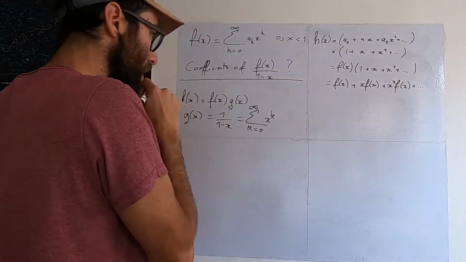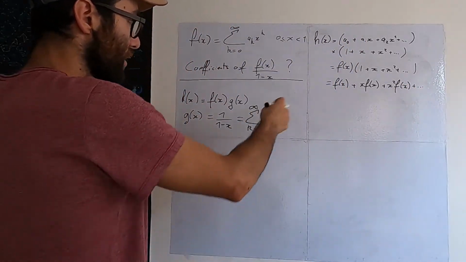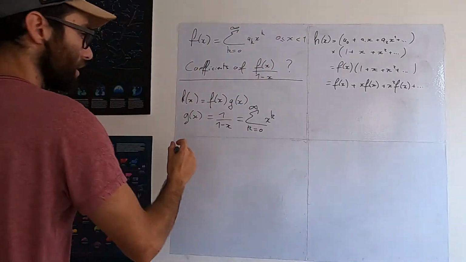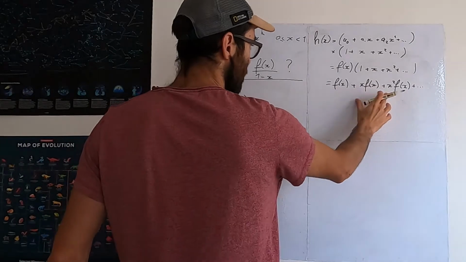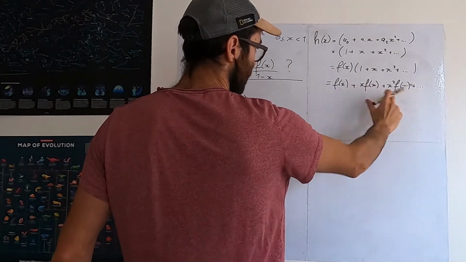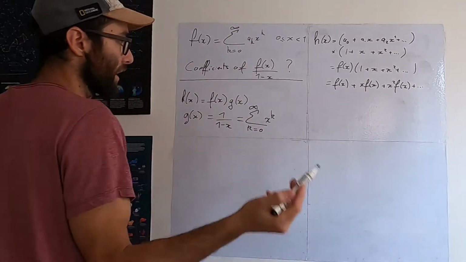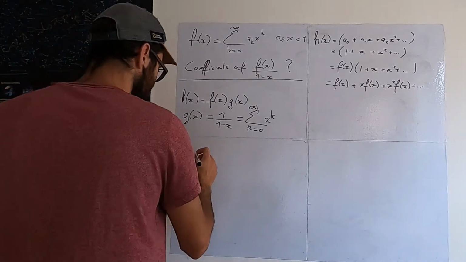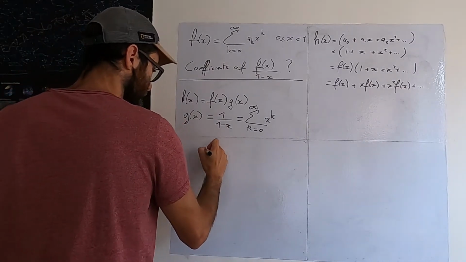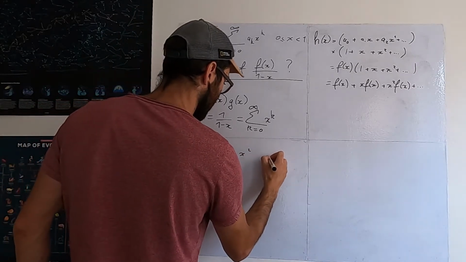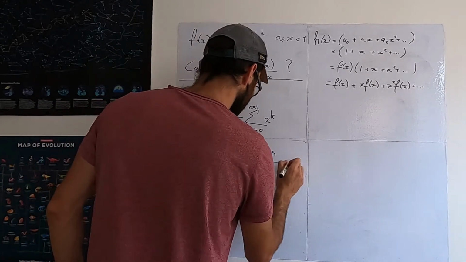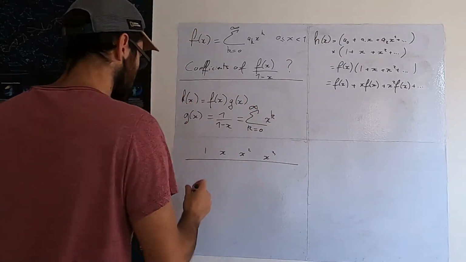All right. Now let's put in a table form the coefficients in this formula in front of each power of x. What would be the coefficient in front of 1, in front of x, in front of x squared, in front of x cubed for h?